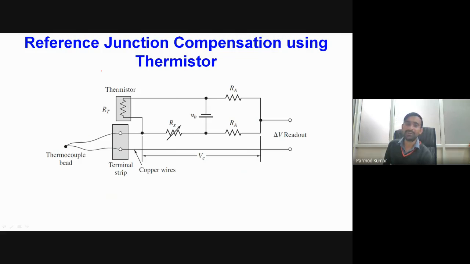Now, one more important point I would like to highlight at this particular point: it is not always possible to have a reference junction while we are doing the measurement. As I have told you, while measuring temperature using the thermocouple, if we are doing the absolute measurement, then we require a certain reference point or reference junction, with reference to which we will get our absolute value of the temperature depending upon the output EMF.